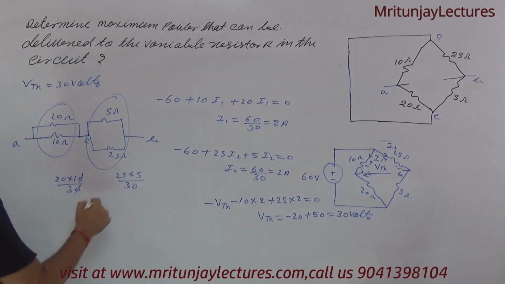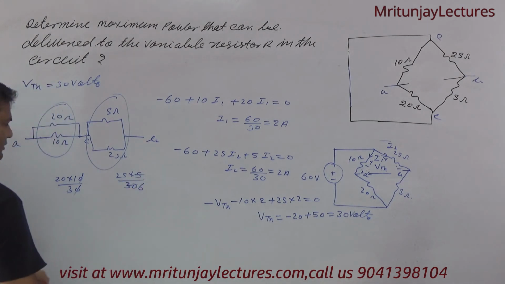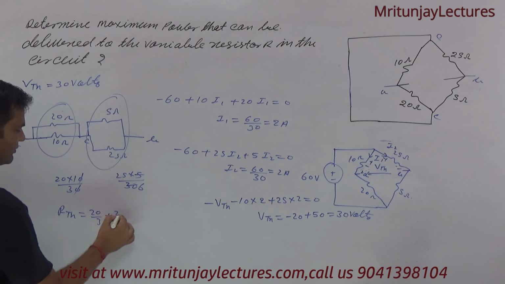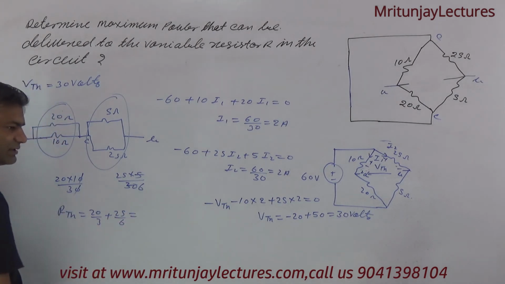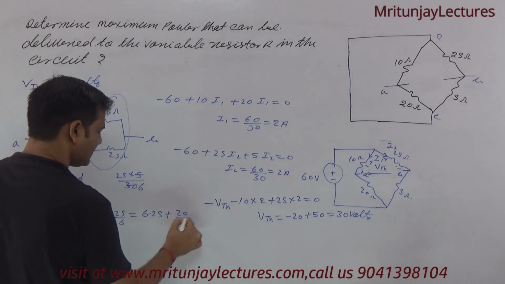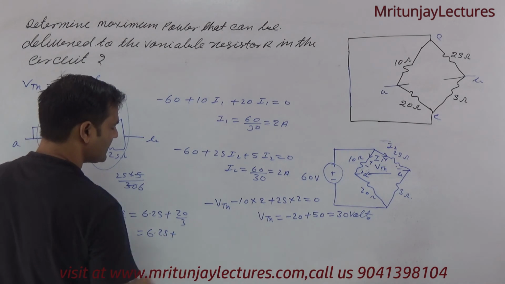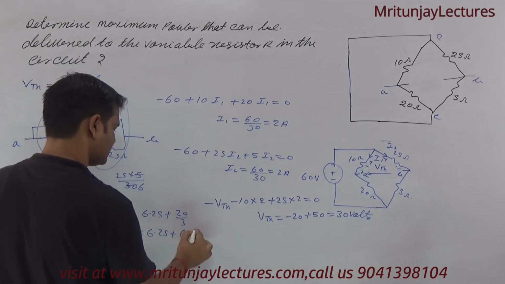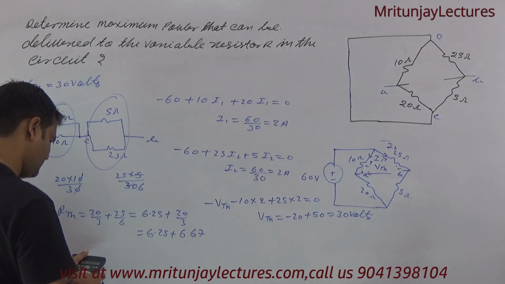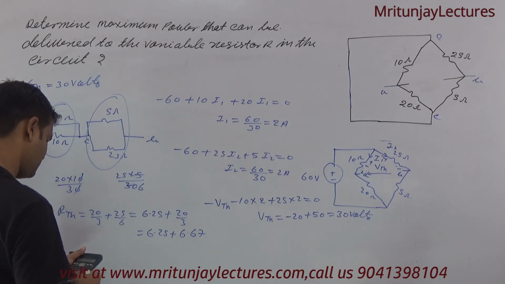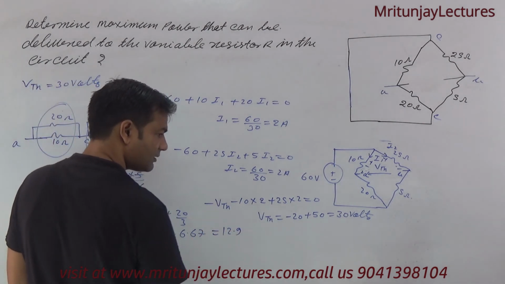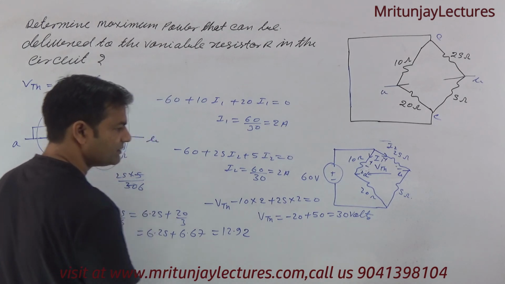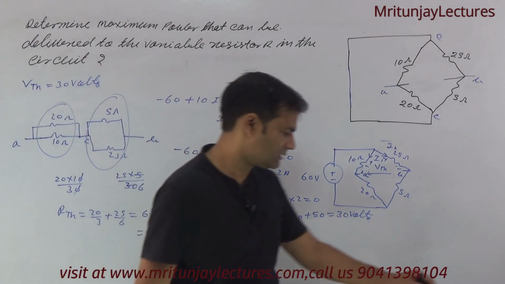Both of these are in series, so RTH equals 20 by 3 plus 25 by 6. 20 by 3 is 6.67, and 25 by 6 is 4.16. Adding gives about 10.83. This is the RTH.